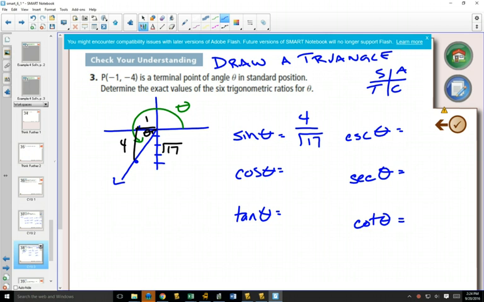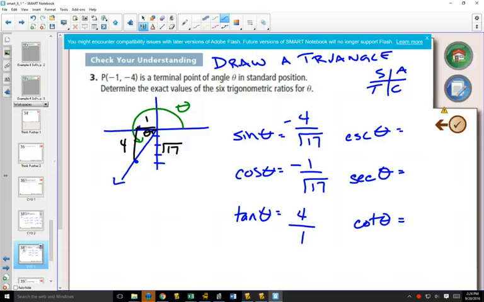It's negative. So this fraction will be negative. Same thing with cos, adjacent over hypotenuse, and cos is negative in quadrant 3. But tan, opposite over adjacent, you could write just 4 if you like. That one would be positive.